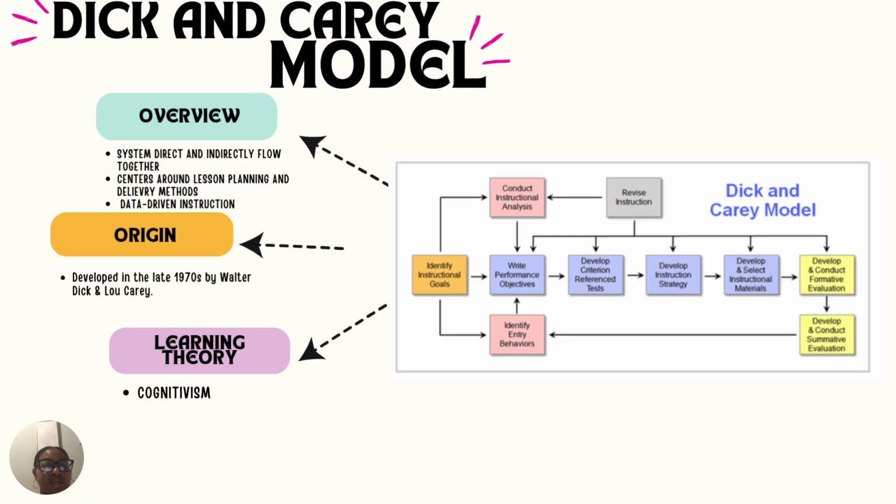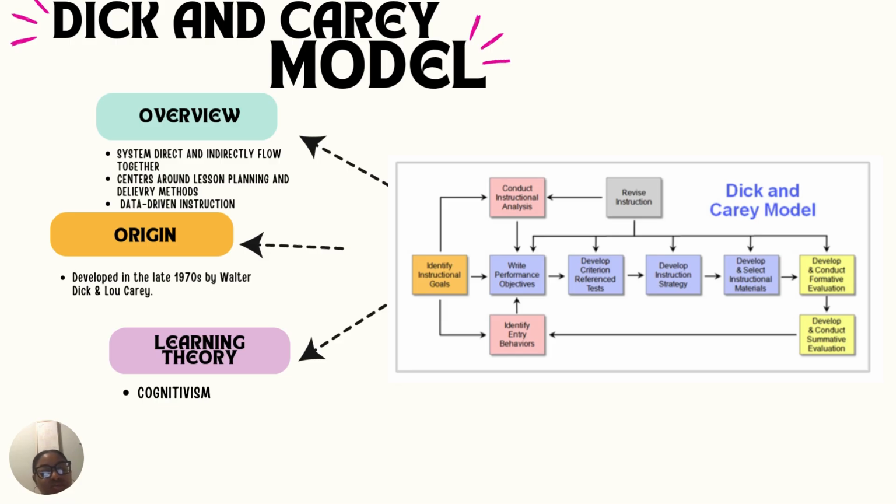Second is the Dick and Carey model. This one is definitely more detailed, and is treated as a whole system. Learning is a whole system, and everything connects, starting from your goals, your assessments, and your strategies. The nine steps begin with identifying goals and end with the revision process for formative evaluations.